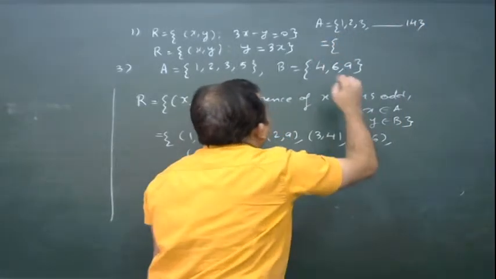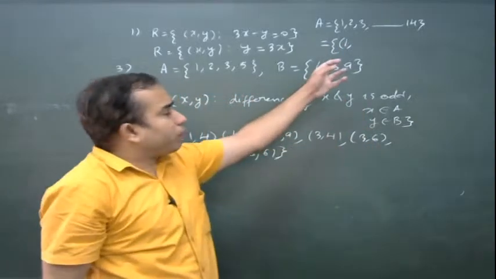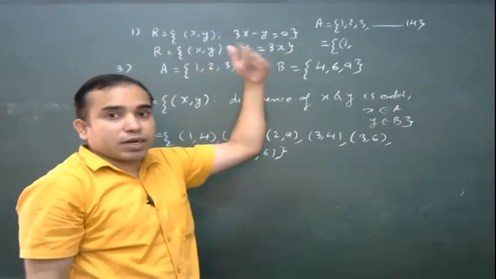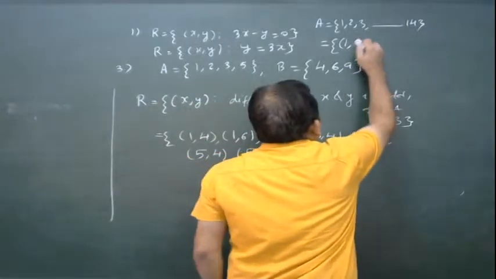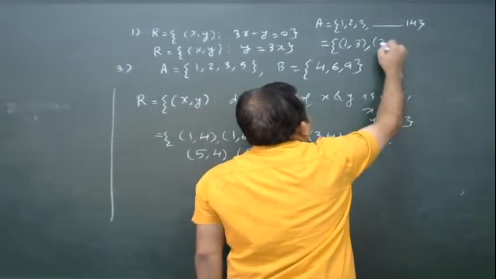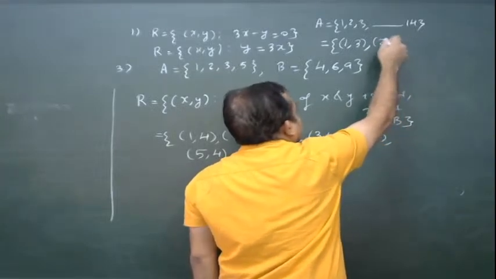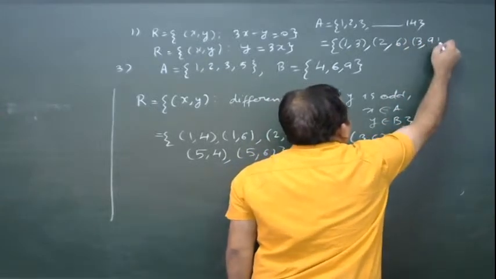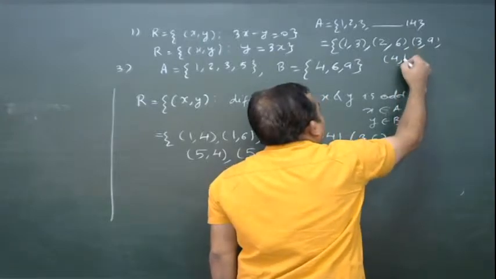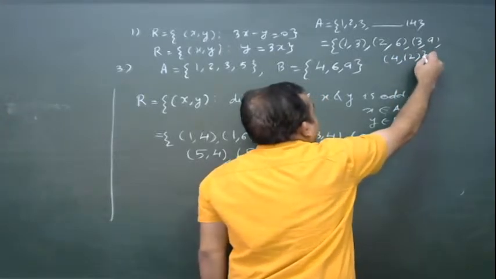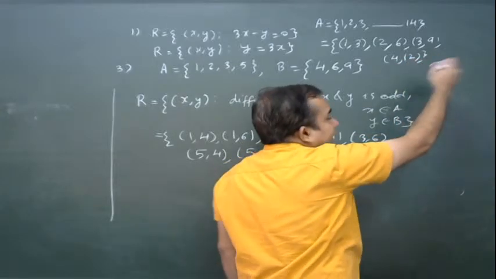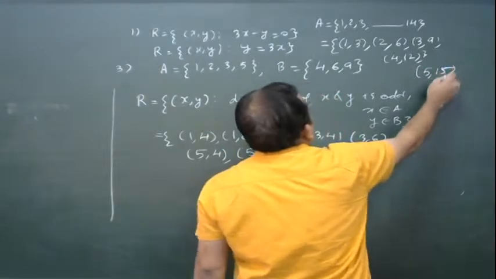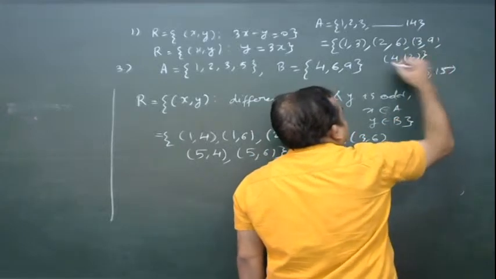Then I took the first element 1, and in the second position y equal to 3x, 3 times the first element. So 3 into 1 is 3, to be written. Then the next one, I picked 2, and the element here will be 3 times of this, so 3 into 2 is 6. Then here I took 3, so 3 into 3 is 9. Then 4, then 3 into 4 is 12. Right, isn't it? And if I take 5, then 5 into 3, the next element will be 15. 15 cannot be there because 15 is not present in capital A. So I have to stop here.